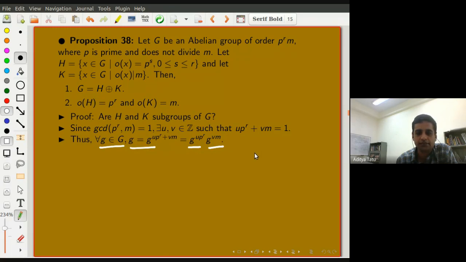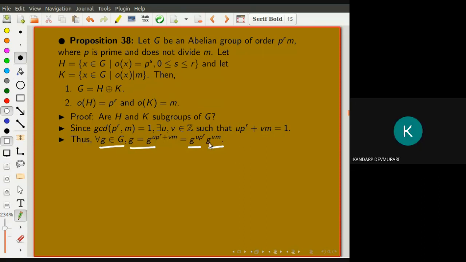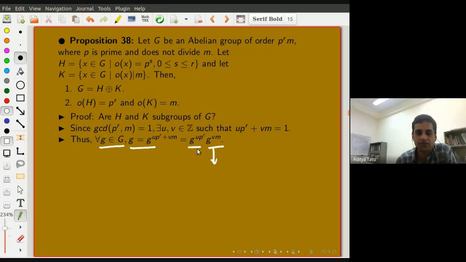Is that clear? Yes. What can we say about these two elements then? G to the power U into P to the power R. What happens if I operate G to the power UP to the power R with itself M times?